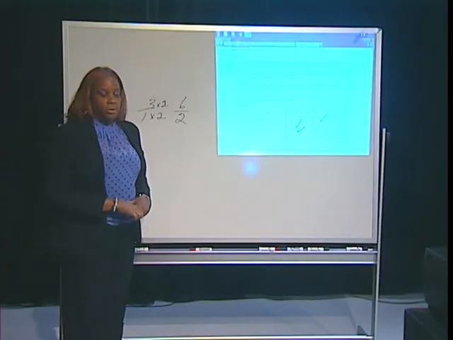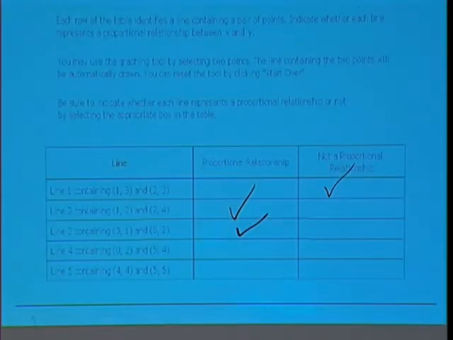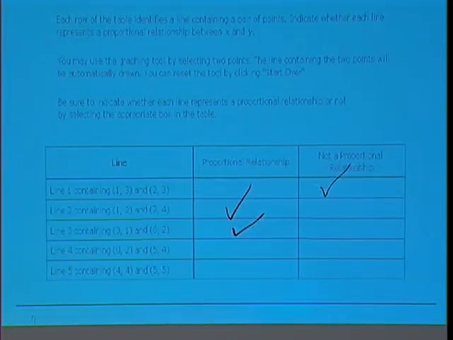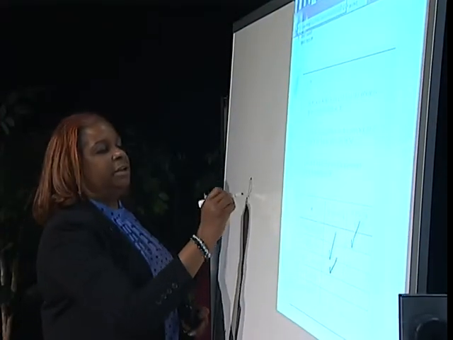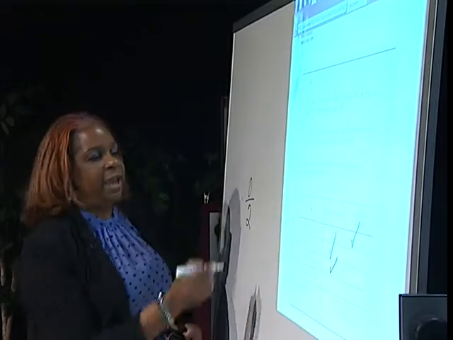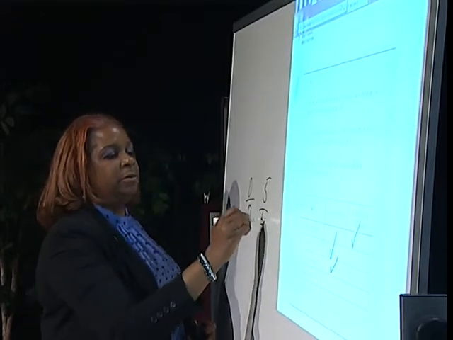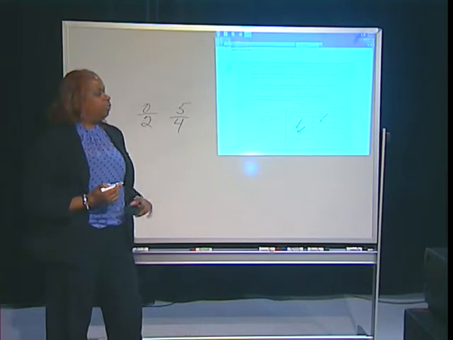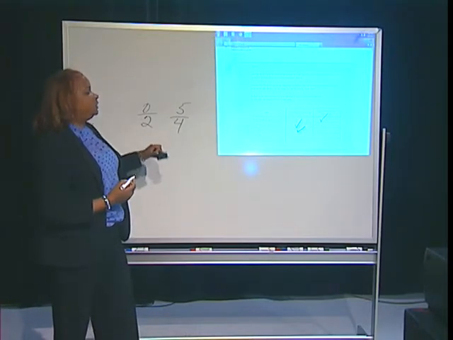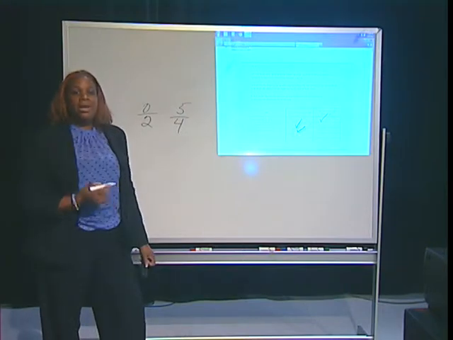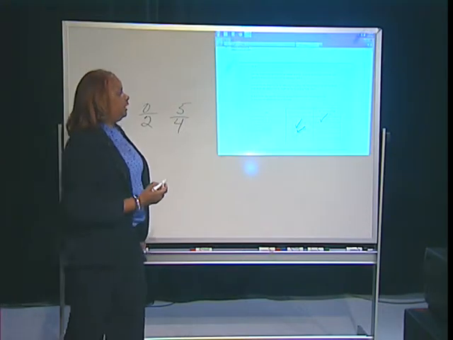Now, line 4. If you take a look at line 4, it has 0, 2, and 5, 4. I will do the same thing. I will change both points into the value of 0 over 2 and 5 over 4. If you followed through with what we did with lines 1, 2, and 3, you will see that line 4 is not a proportional relationship.